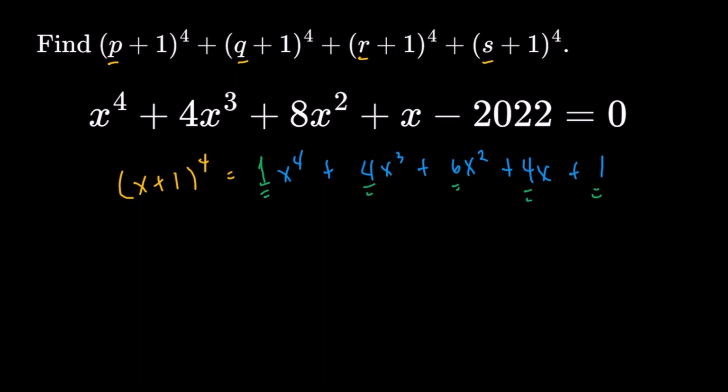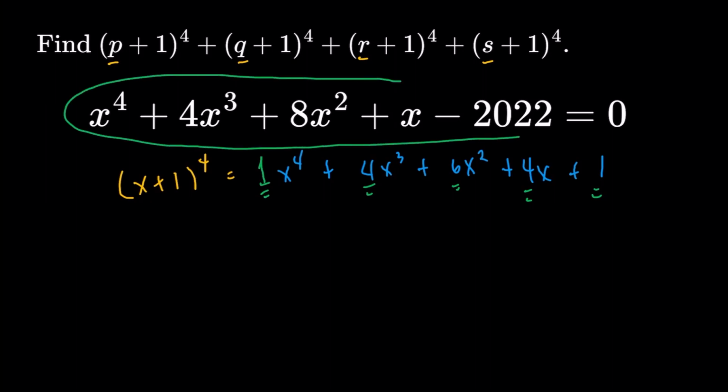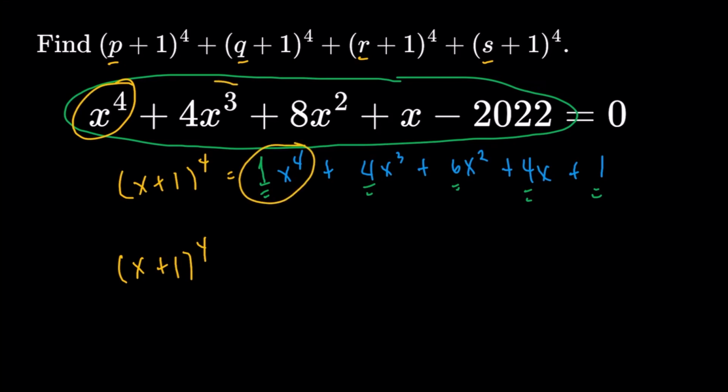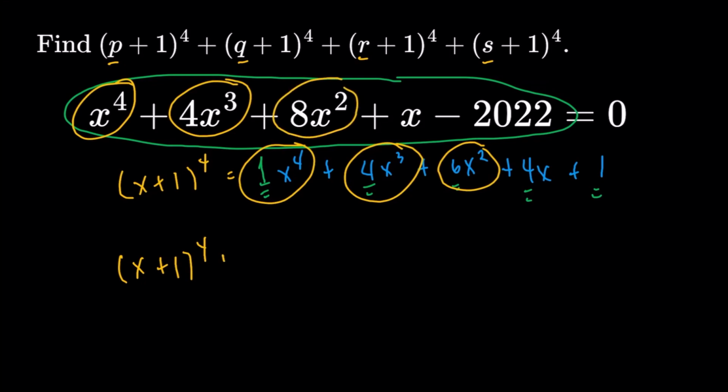Okay, so let's try to rewrite the left-hand side of the given quartic equation. Let's write the x plus 1 raised to the fourth first. And let's see what's missing here, because the x to the fourth is matching, the 4x cubed is matching, but we only have 6x squared so far, and we want an 8x squared, so we add an additional 2x squared, right?